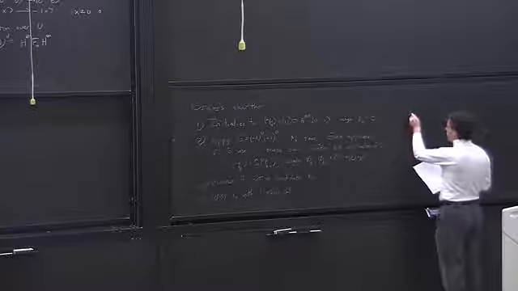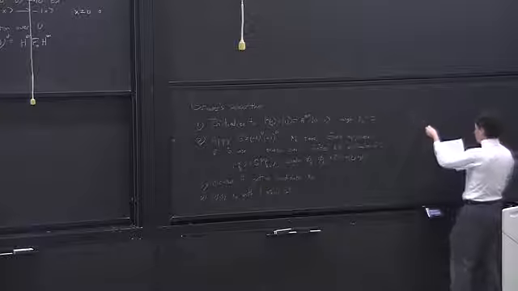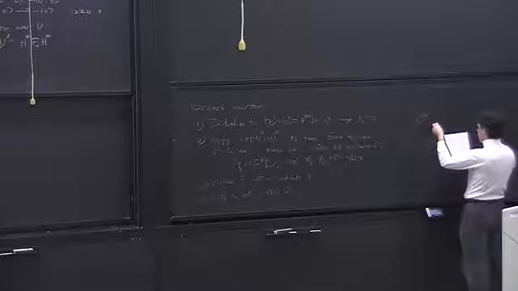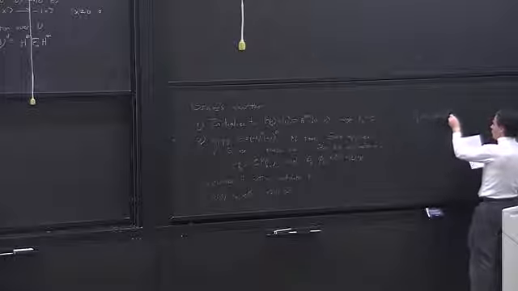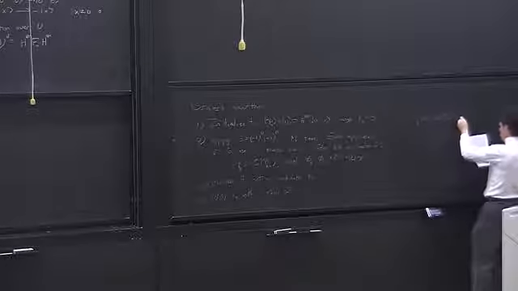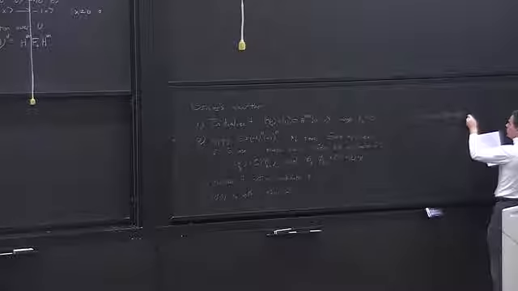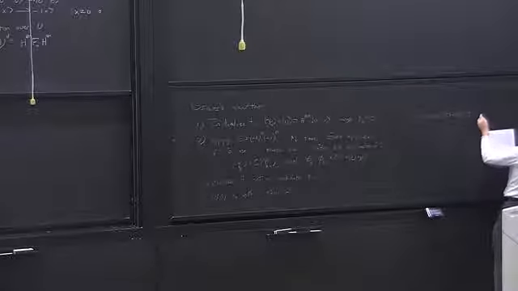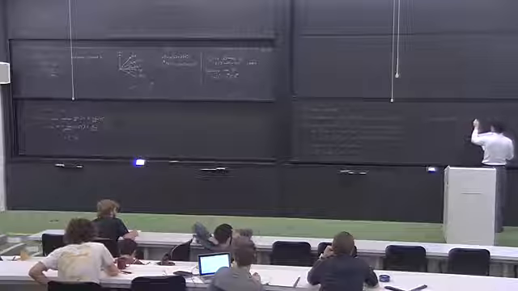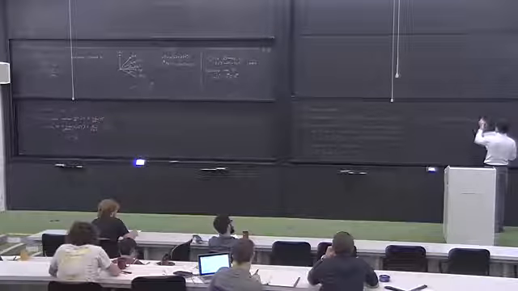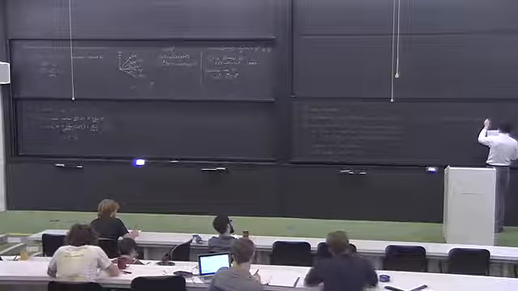And so psi sub k is then going to be cos of 2k plus 1 theta t plus sine of 2k plus 1 theta s.